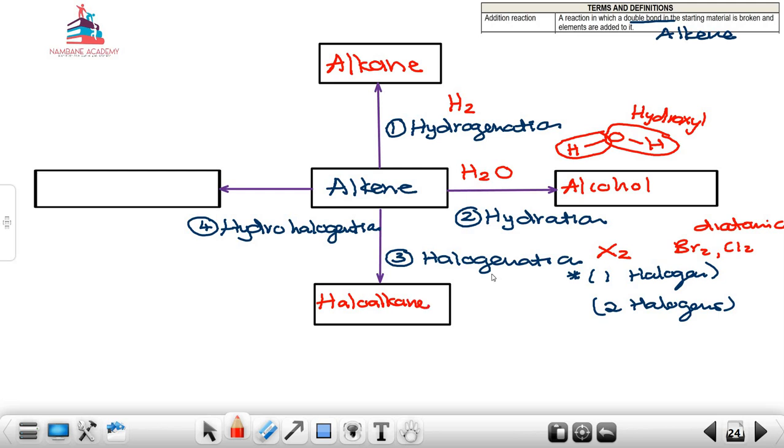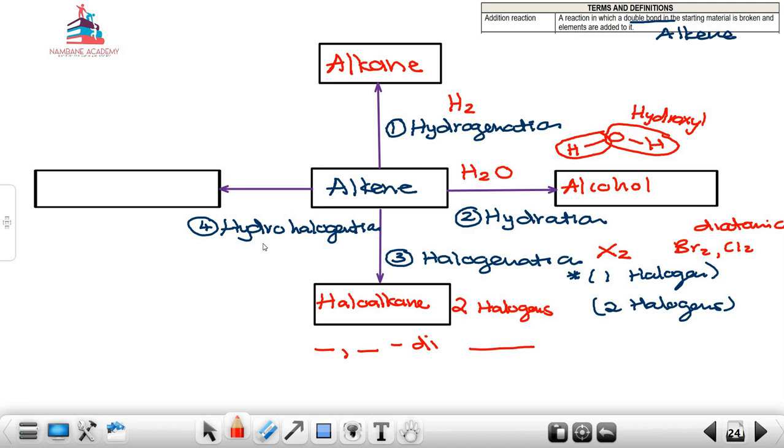And this haloalkane that's going to be formed will have 2 halogens, right? So it will take the form of something, comma, something, di, chloro, bromo, whatever, and then the alkane part.